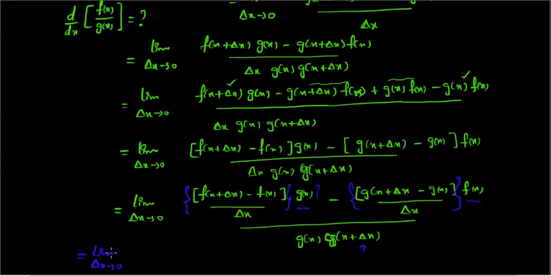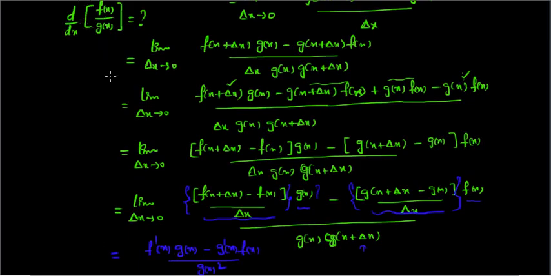Let me rub this off. So this equals f dash of x times g of x, minus g dash of x times f of x, whole divided by g of x square. This is the equivalent expression.